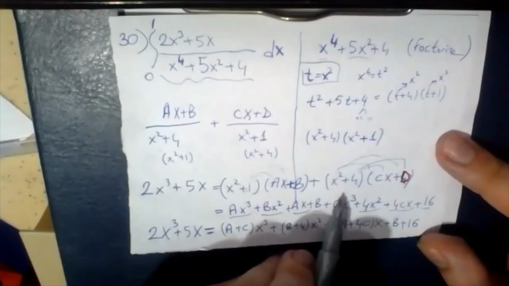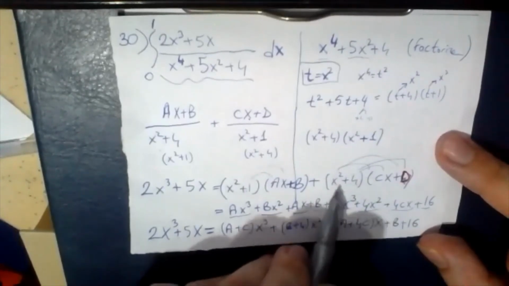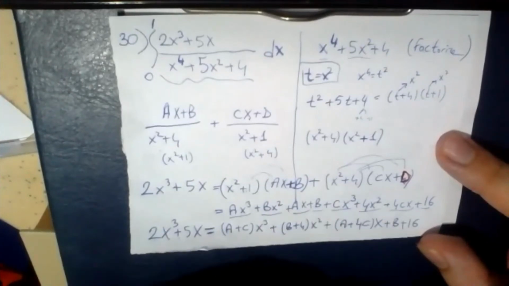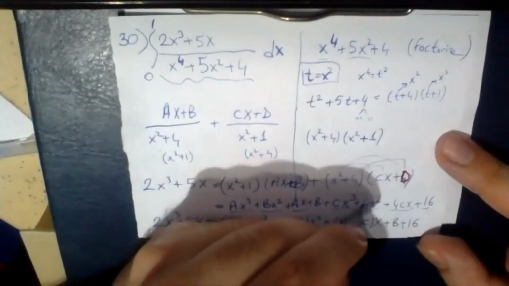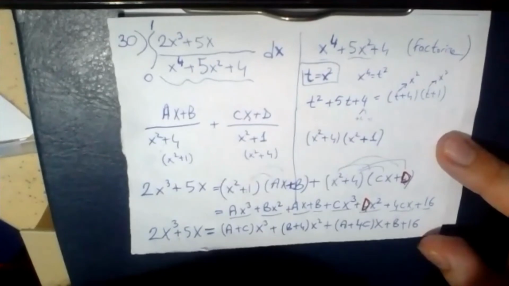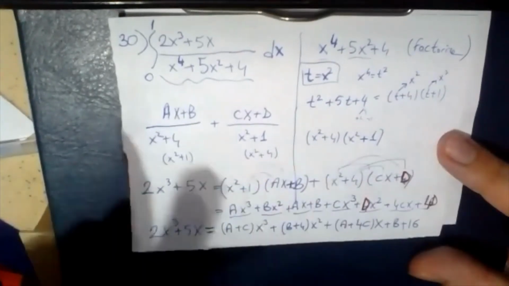It will be c x cubed, 4x squared, and this should be d instead of 4, and also this should be 4d.